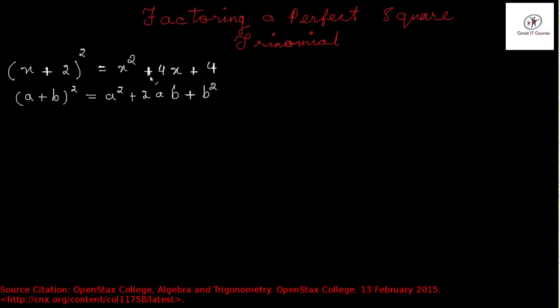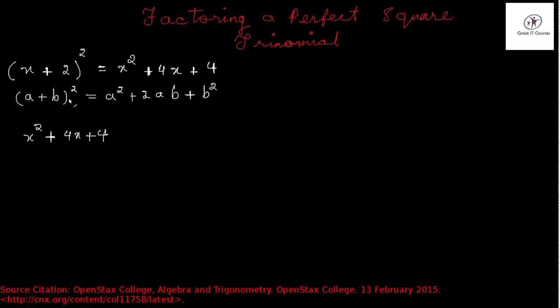Now let's suppose I had this trinomial over here, and I didn't know that it's equal to this binomial whole squared. I just had it like this, x squared plus 4x plus 4.